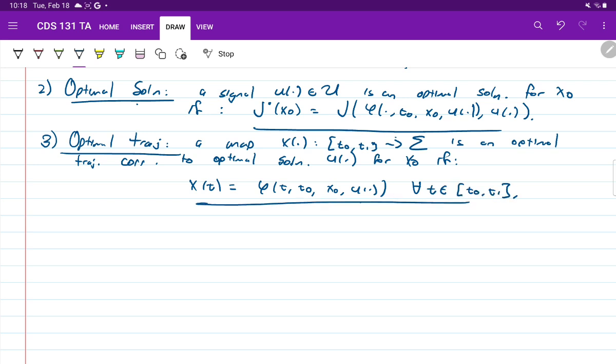Okay, so the optimal trajectory corresponding to a given optimal solution is simply the state trajectory that just results from plugging in that input signal. Okay?